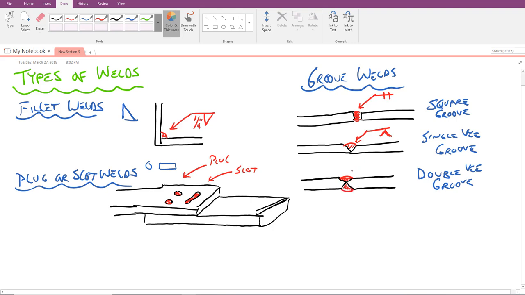It's like putting two points together. The symbol for this one ends up looking more like an X, but you can see that double V shape in there. Those three right there have to do with butting up two pieces parallel to each other. The next three have to do with more of a perpendicular configuration.